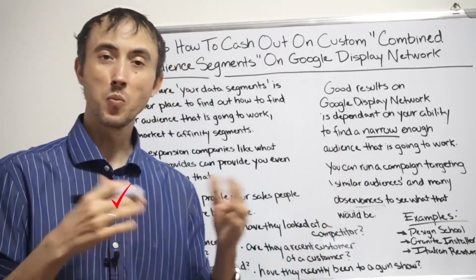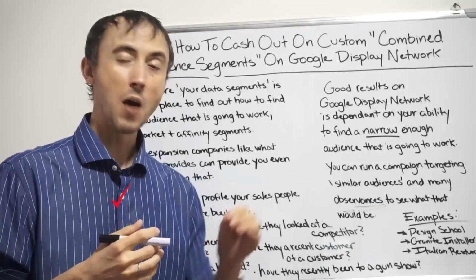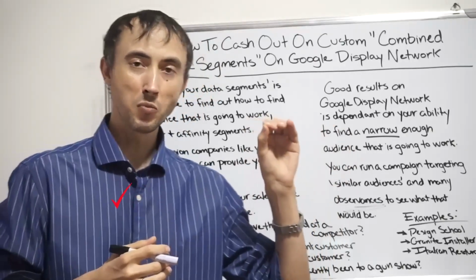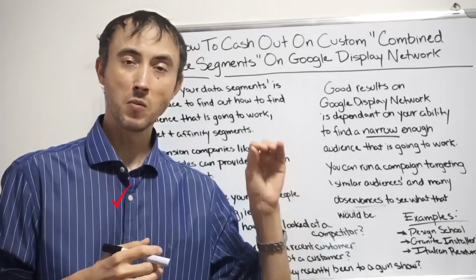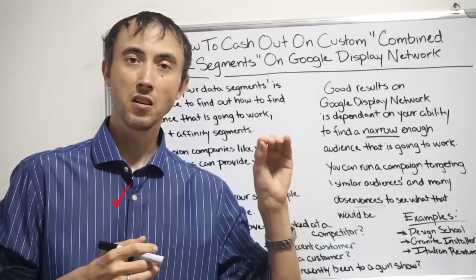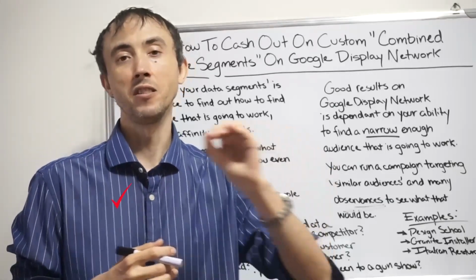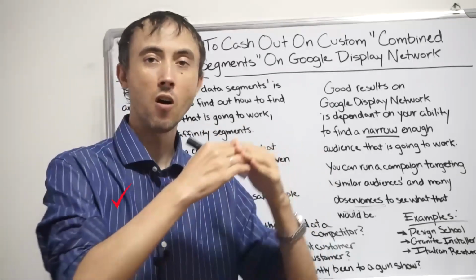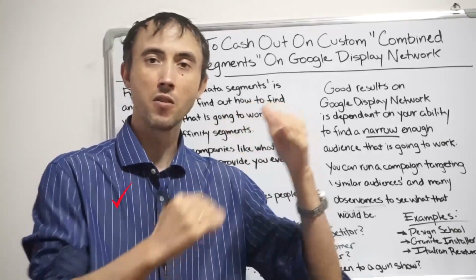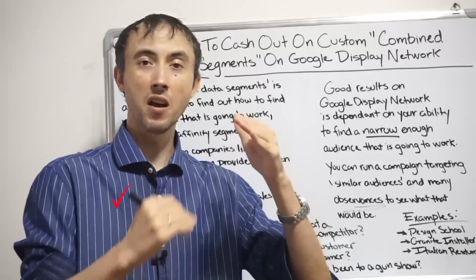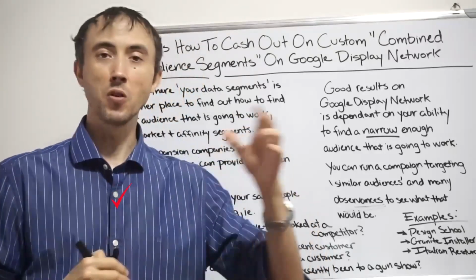And if it's a product we're talking about, I will actually go down to the product level. If I'm trying to do a competitor targeted display campaign where I'm targeting people that are interested in our competitor's stuff, I will write down all the model numbers of all the products that compete with our client's product, and then put those into an audience.